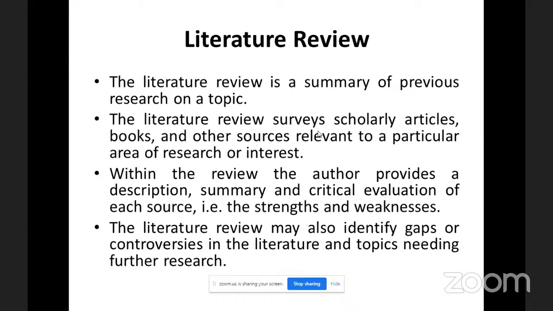It is a very, very important thing. If the literature review is very critical and good, then definitely the reviewer will understand the work well.